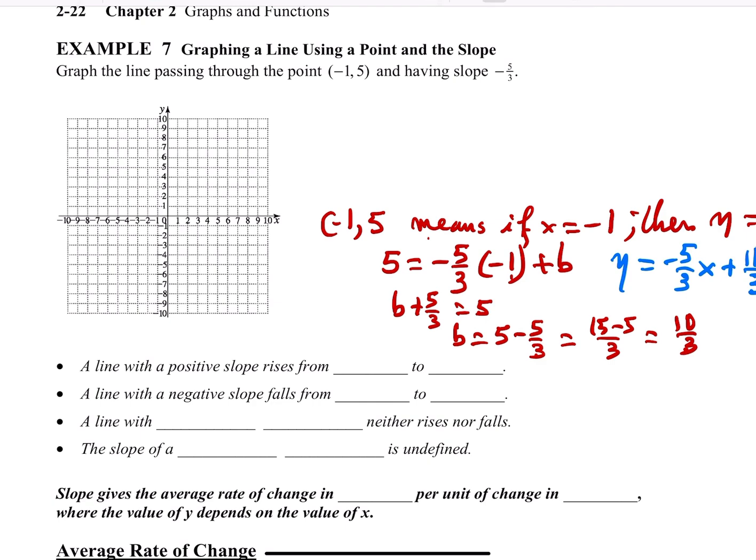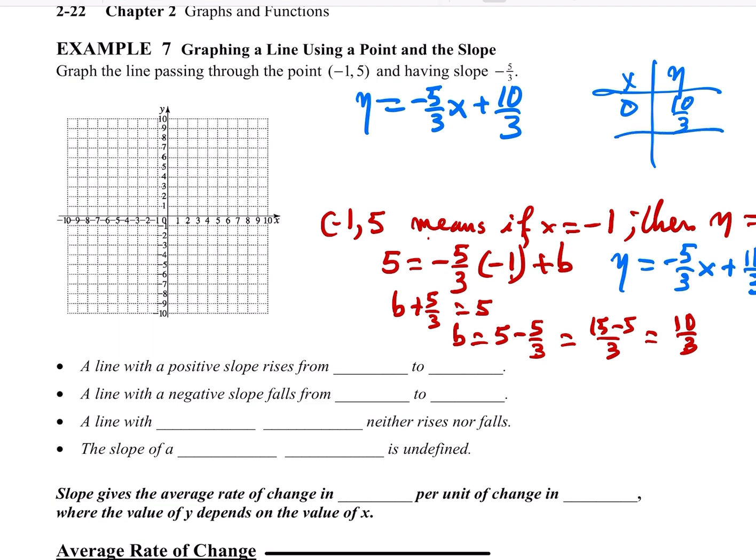Now I have y equals negative 5 over 3 x plus 10 over 3. I just have to choose 2 points and I'm done. If x is equal to 0, the y-intercept will be 10 over 3.